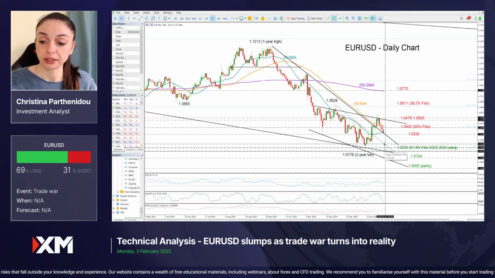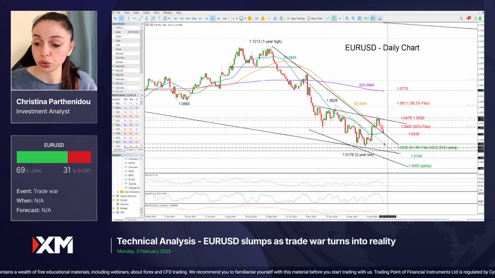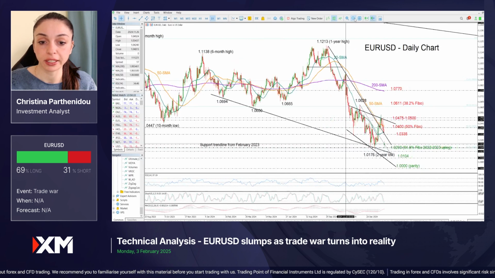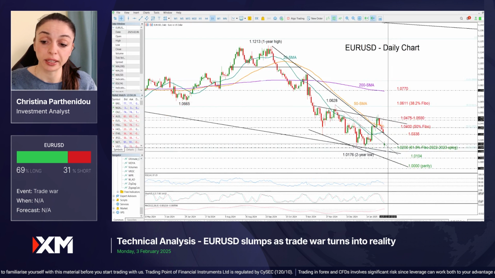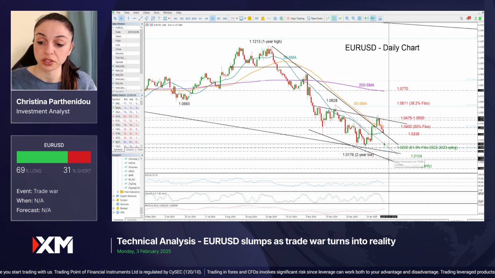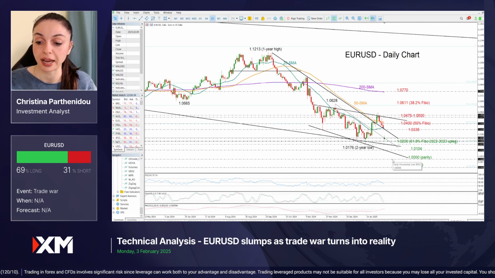Perhaps for that we need a rebound, or at least we need the price to hold above 1.02 and probably above the 1.117 number, where this falling line from February 2024 is located. If we fail to hold above this region, then the decline could continue towards this short-term support line at 1.0104, and then lower than that, the case of parity could materialize.